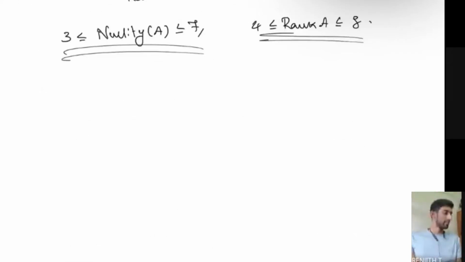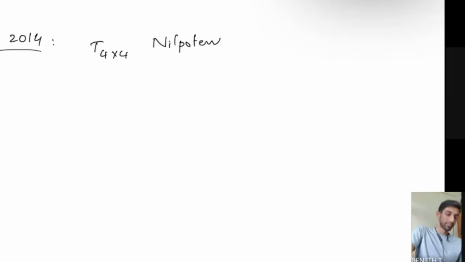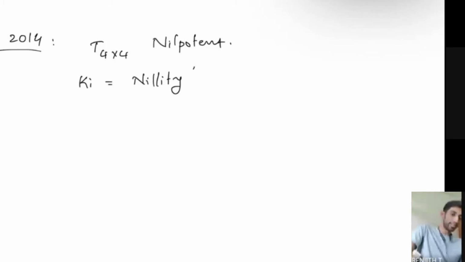Now, I have one question, from December 2014. T is a 4 by 4 nilpotent matrix, and k_i is equal to the nullity of T power i.